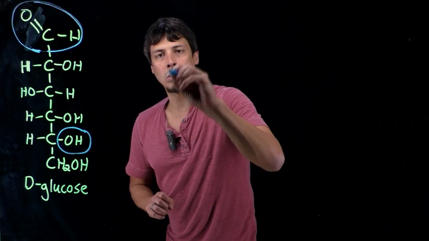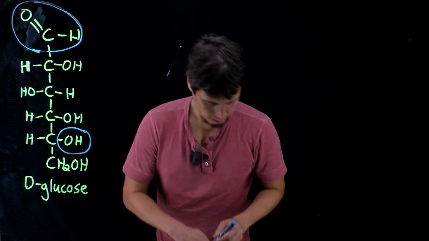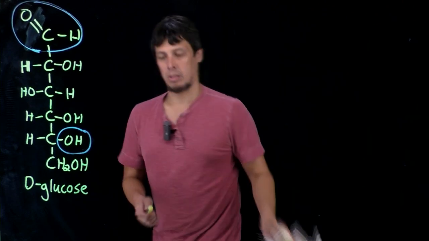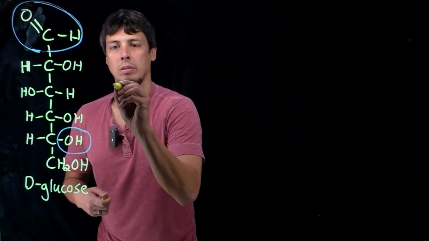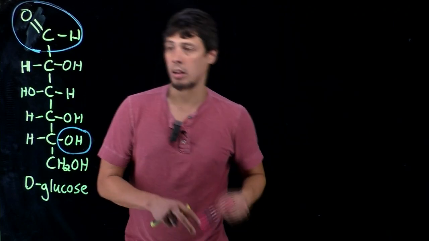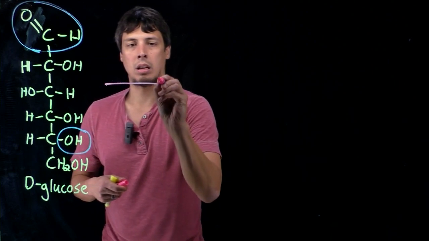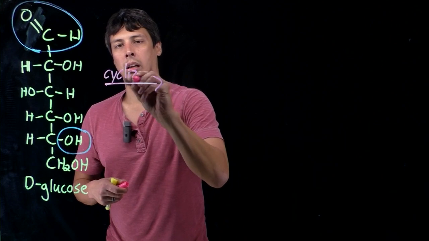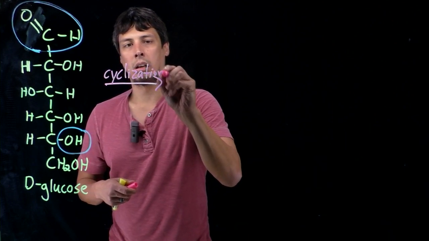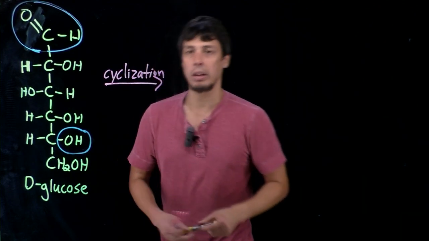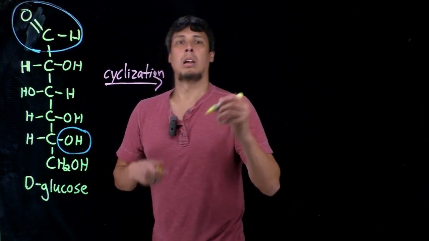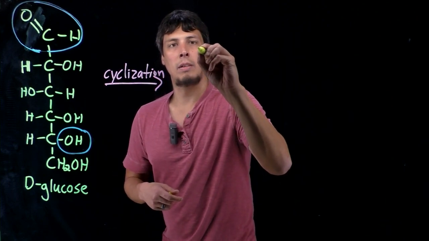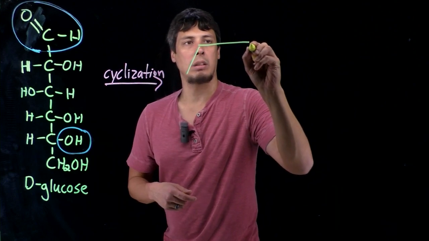And so for glucose, we'll say cyclization. Okay, to form the hemiacetal. So we'll get one product.